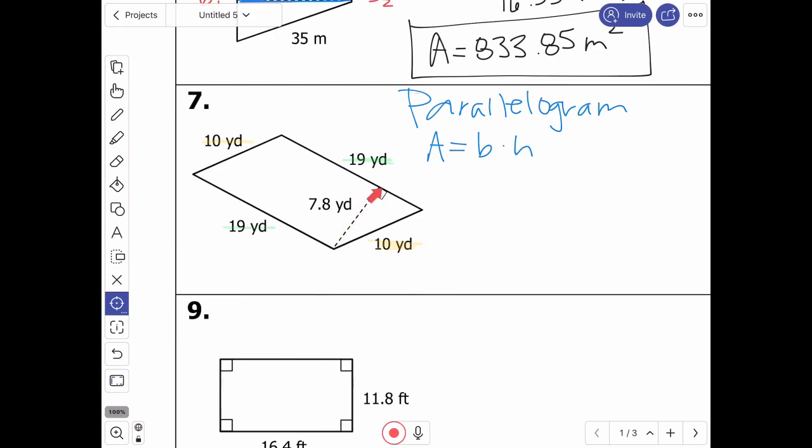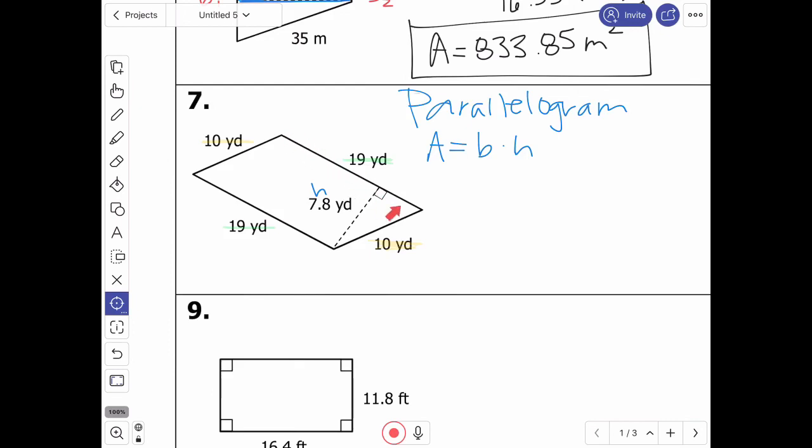It's, again, this dotted line forming this right angle. Okay? So there's my height. And then the base is always going to be what is making that base of the right angle. Okay? So notice how I can't use 10 as my base. 10 is not actually creating that right angle.